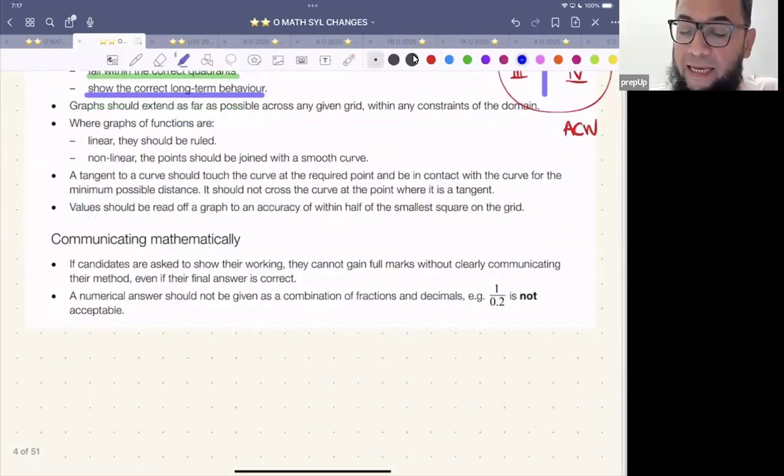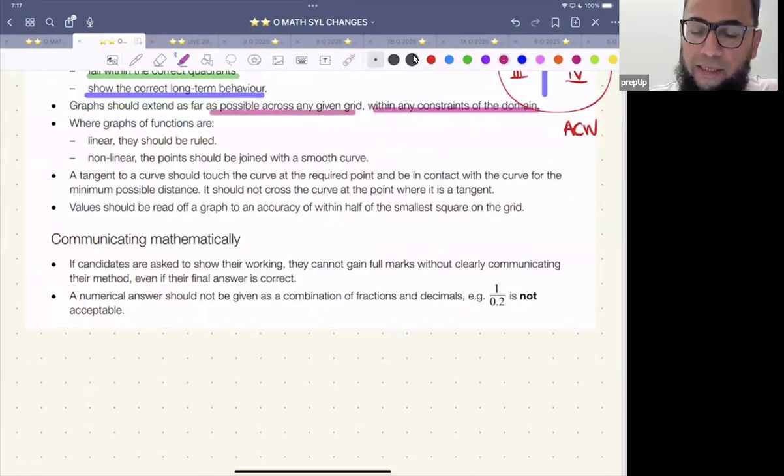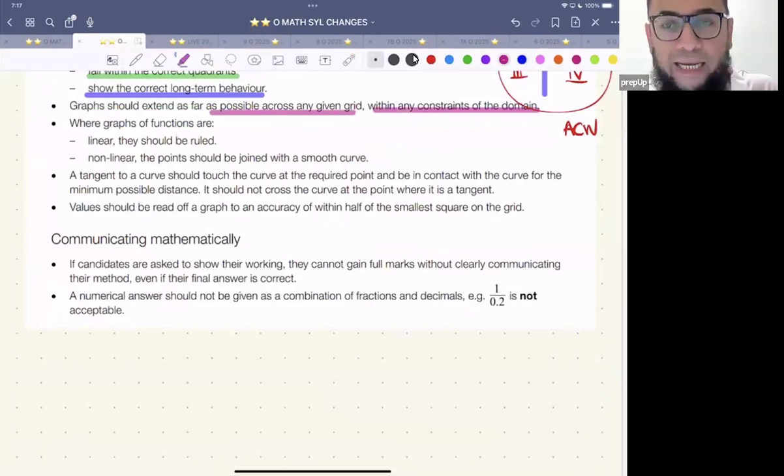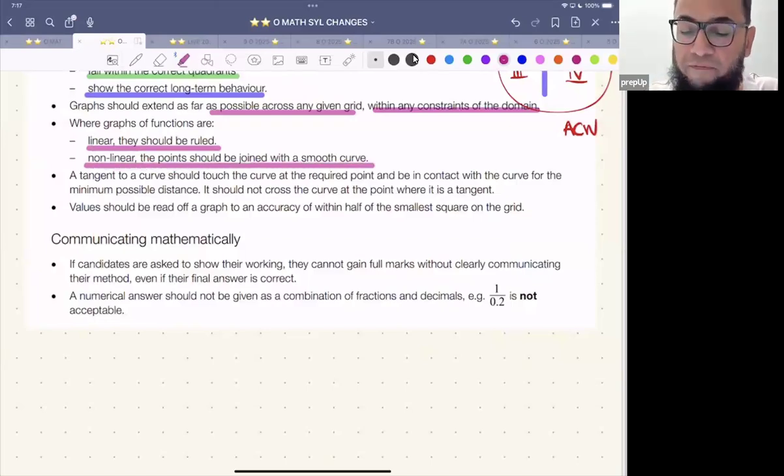Graphs should extend as far as possible across any given grid within any constraints of the domain. Domain is the input value, the x values. Where graphs of functions are linear, they should be ruled. Non-linear, the points should be joined by a smooth curve.